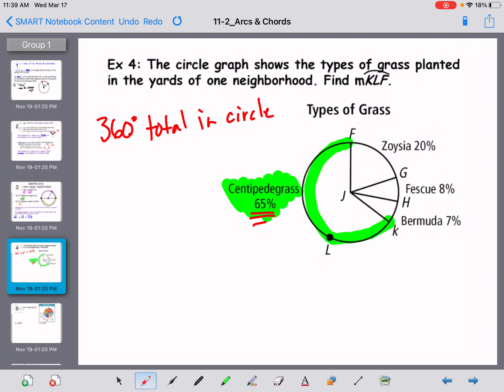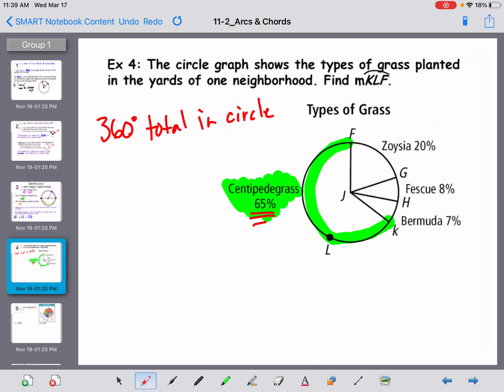So we have 360 degrees total in a circle. This grass is 65% of that 360 degrees. So when you're given some percents in a circle, whatever percent is out of the 360.